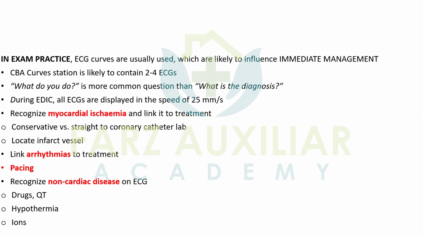So in the 4 ECGs, these 4 diagnoses are most commonly asked: myocardial ischemia, arrhythmias, pacing, and non-cardiac disease. It may be any drug, QT, hypothermia or electrolyte disturbances.